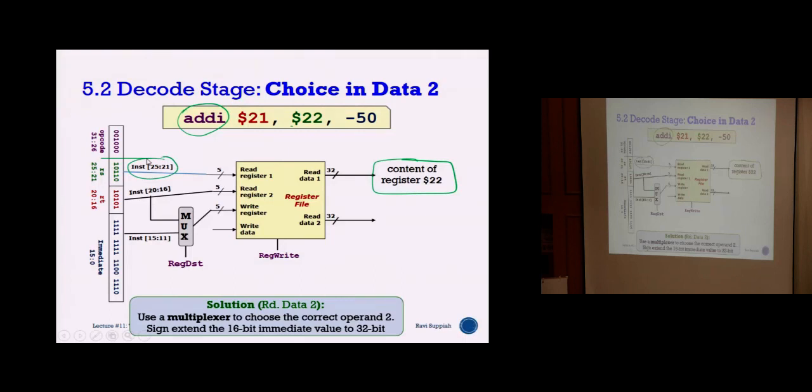Now the second one is my immediate value here. So it means what? That means I must look at the last 16 bits, which is here, and also transfer that as my data to do the operation, which is the add operation.